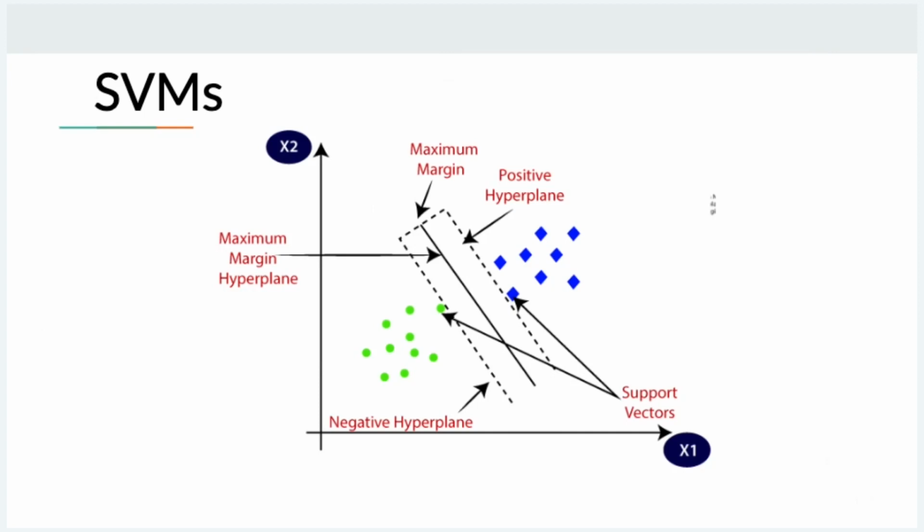So this SVM, the example we are using here, is for classification. We can use the same algorithm for regression as well. But for most of the examples online, you'll find that SVM is used for classification only. There are certain packages that do allow you to use it for regression though.